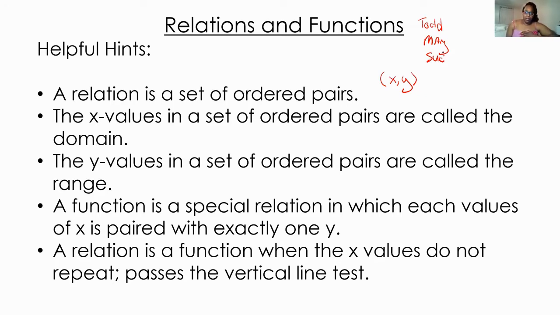He wasn't born multiple times. So that's why we always want to say that Todd can't have more than one birthday. Todd can have one birthday. Mary and Sue can have the same birthday, but one person can't have multiple birthdays. So we always want to say a relation is a function when your x values do not repeat, okay? The y values can repeat all day, but the x values cannot.